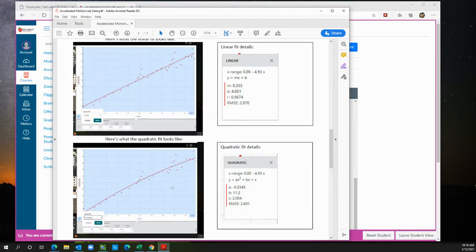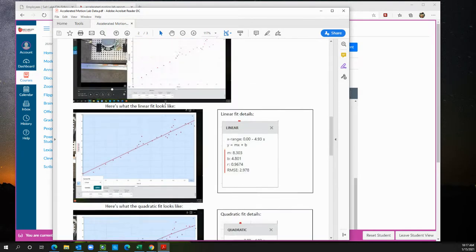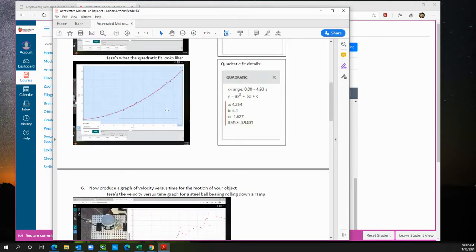So I go for the easiest, the most simple relationship between the two variables that seems to be a good fit to the raw data. So I think a good fit for this is a linear fit, even though it's definitely less of a good fit than the quadratic fit was for position versus time.